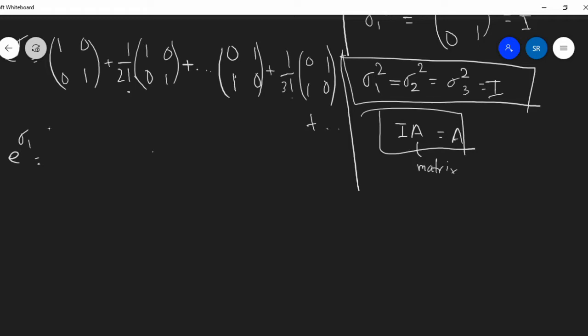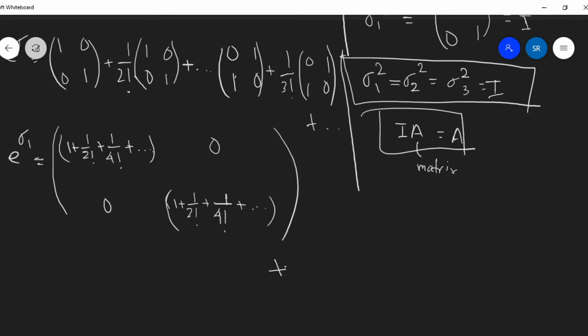Same for here. 1 plus 1 by 3 factorial plus 1 by 4 factorial, and 1 by 4 factorial plus this. Cool. Plus, since I don't have any space, I'm just gonna write this thing over here. Cool. So this gives us 0. Great.